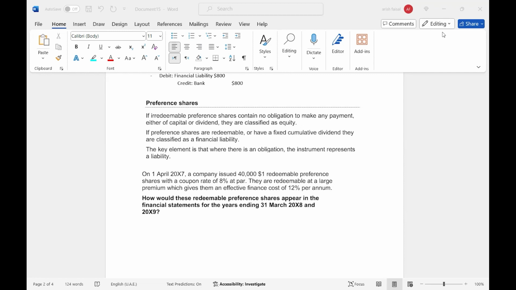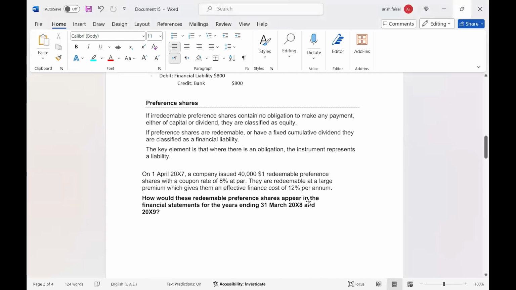The same happens in liquidation: first priority is given to the preference shareholders, and then, if something is left, it is provided to the ordinary shareholders.